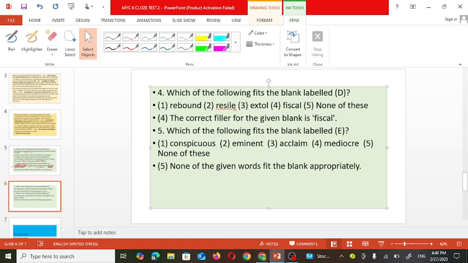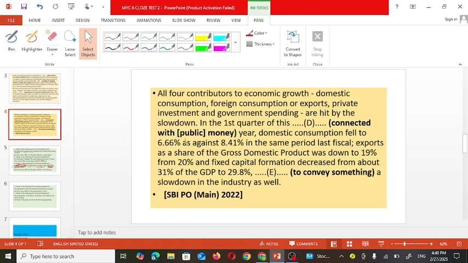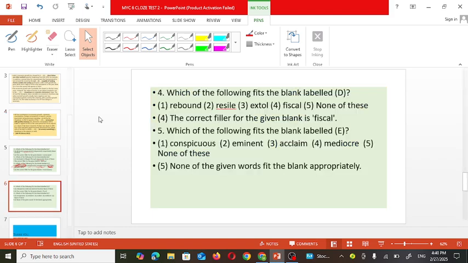Resile means in abundant, something should be in abundant. Extol means enthusiastically, doing something enthusiastically. And fourth option is fiscal. The word fiscal means public property or money or the government money. So expected answer should be related to public money, and therefore here your correct option is the fourth one, that is fiscal. So this is your correct option.